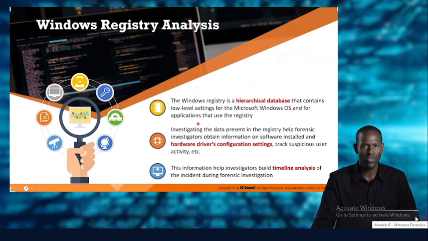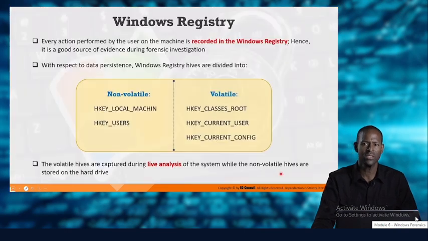It helps with investigations, because we can go through all the registry hives and subkeys and track activity, even using timeline analysis. The registry has quite a lot of information in it, and every action that's performed on that machine is recorded in the registry, so it's a great way to get good intel on that machine.